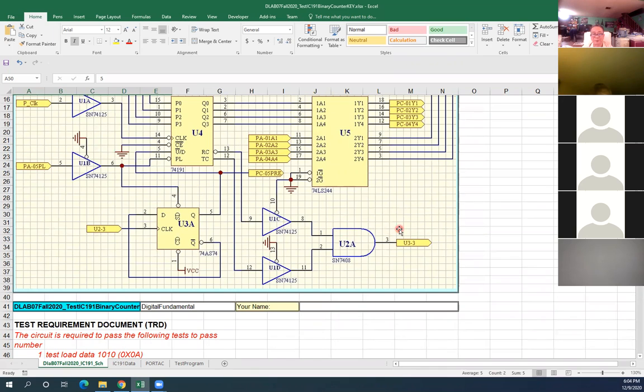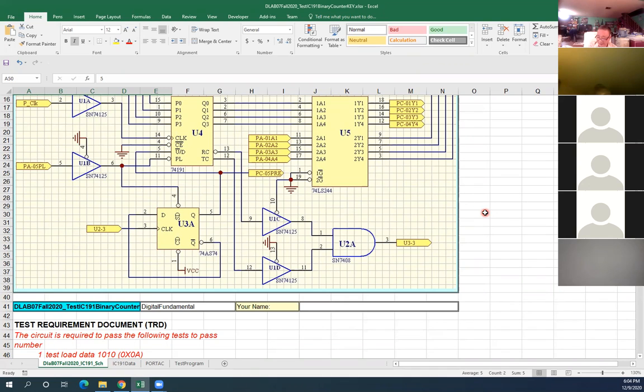What P-COP? U2, U3? U3 only. Yeah, it's either that or U3 only.